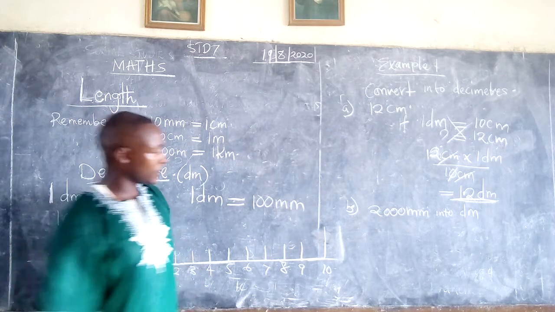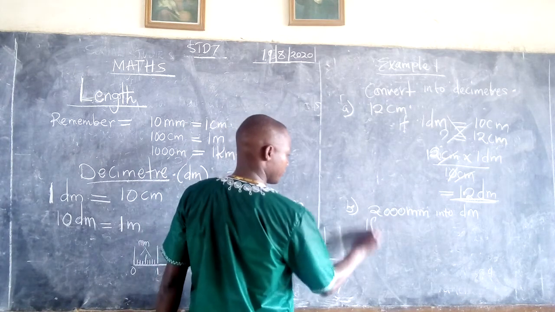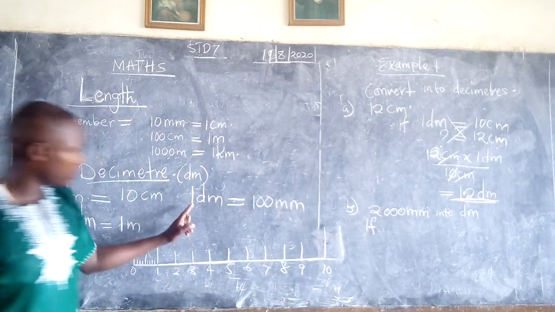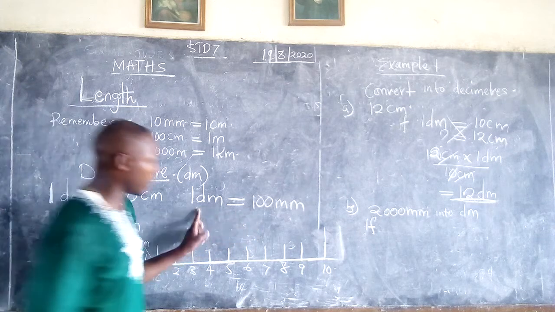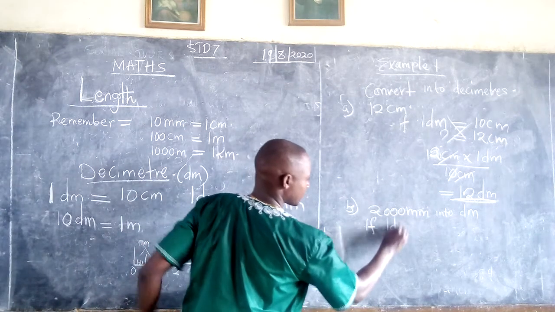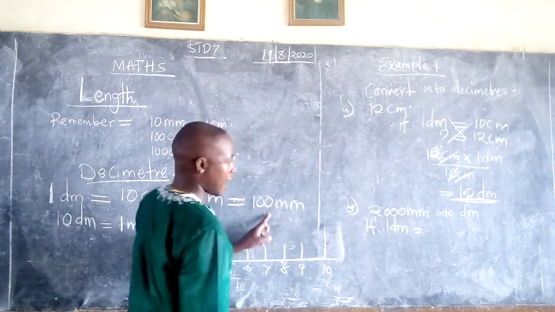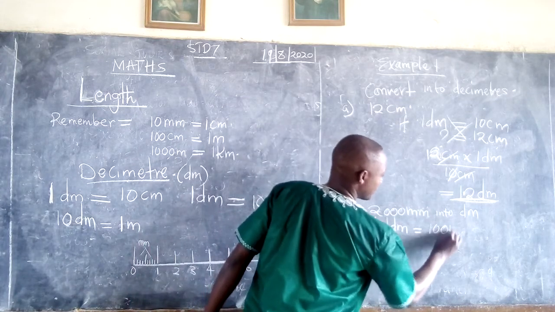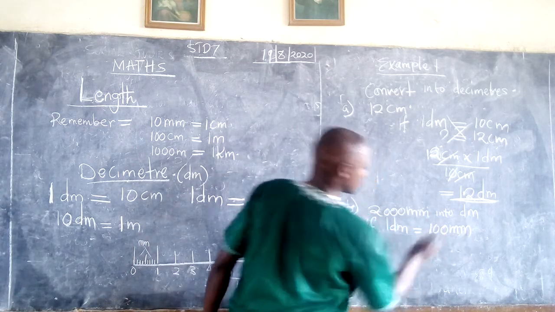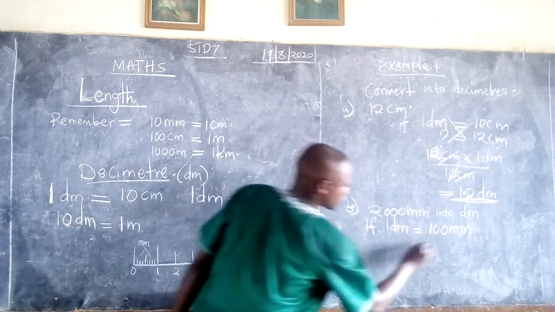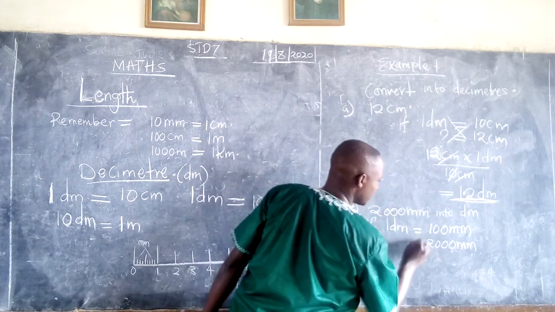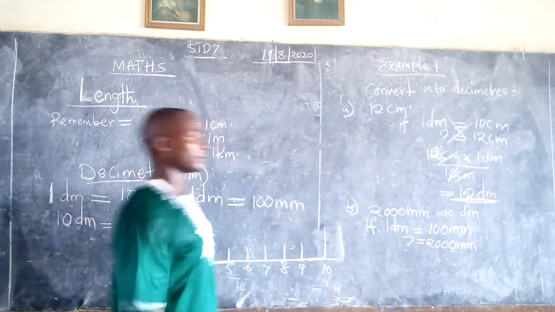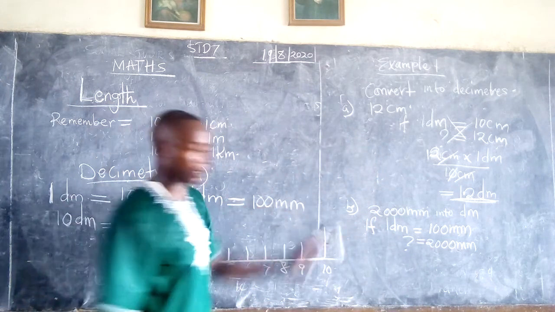You ask yourself, if 1 decimeter is equal to 100 millimeters, what about 2000 millimeters will be equal to what? From there you cross multiply.